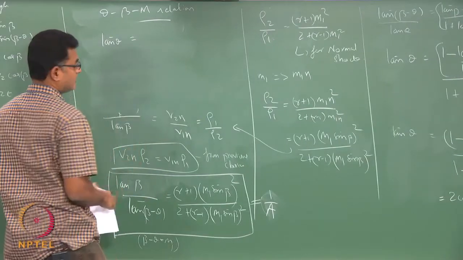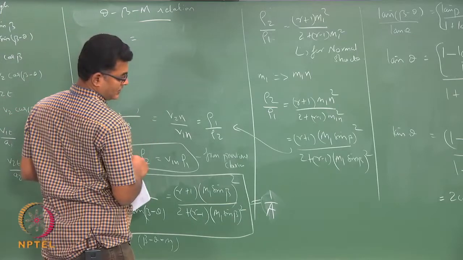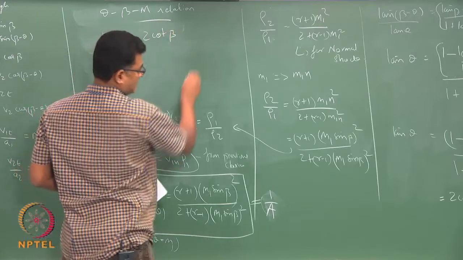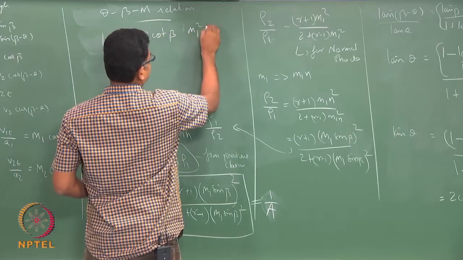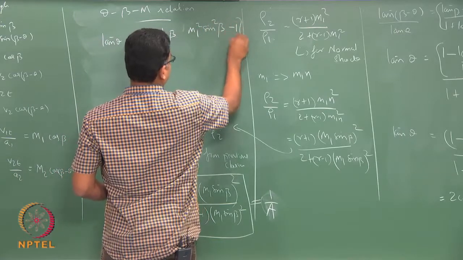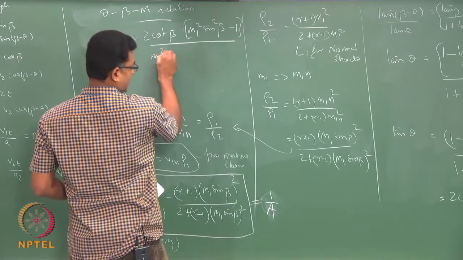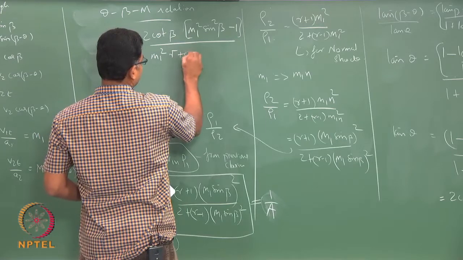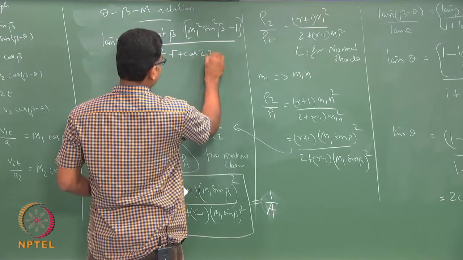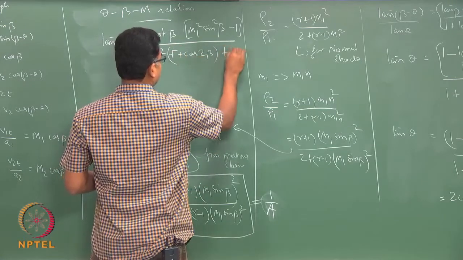So, I get a relation of tan theta in beta and m alone, which would be 2 cot beta into m1 square sin square beta minus 1 divided by m1 square gamma plus cos 2 beta plus 2.